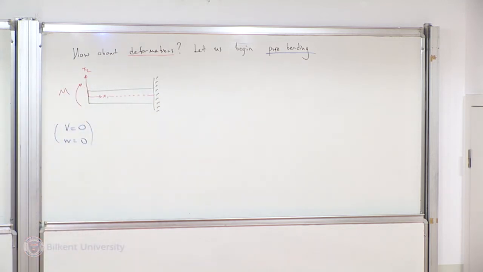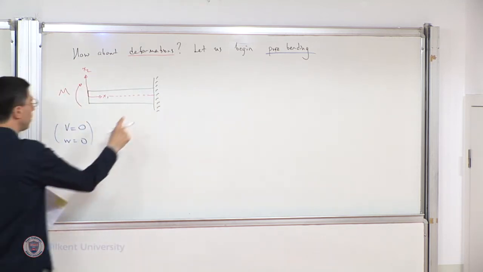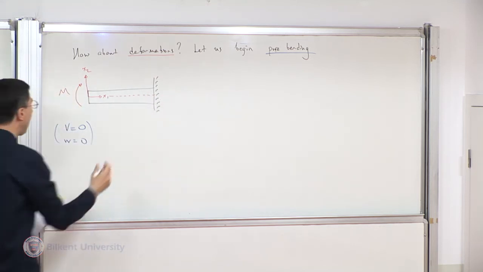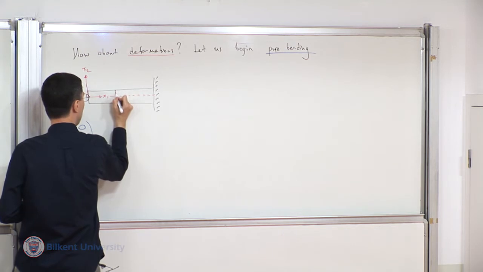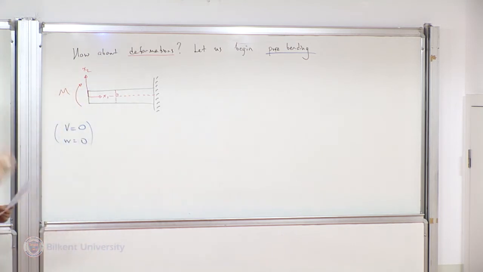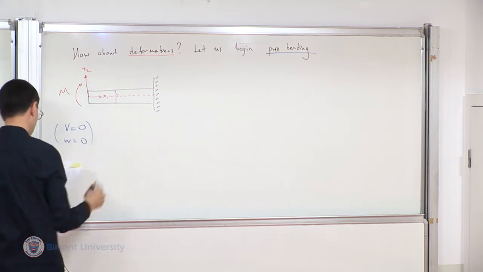We recalled the neutral axis last time. It's at x2 equals 0. It's where the normal stress from bending will be equal to 0. At some point, eventually, I will take a cross-section that is planar. It's a straight cross-section, and it is perpendicular to the neutral axis, as I indicated over there.